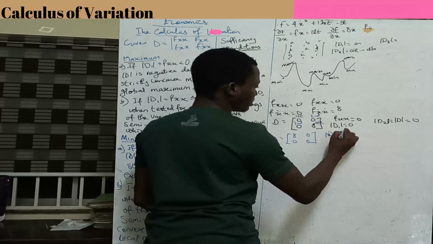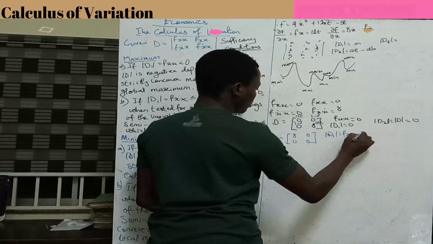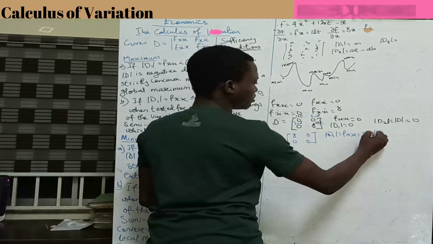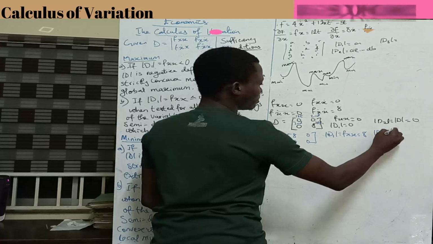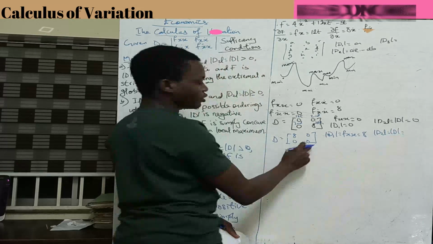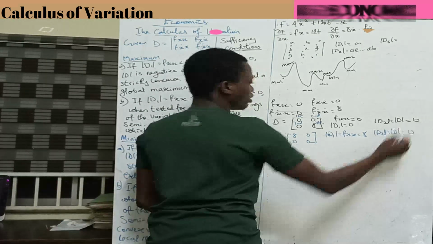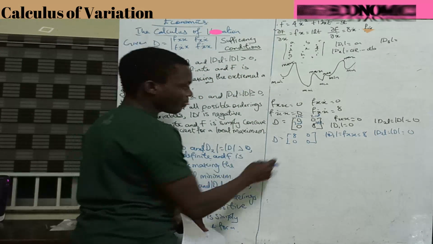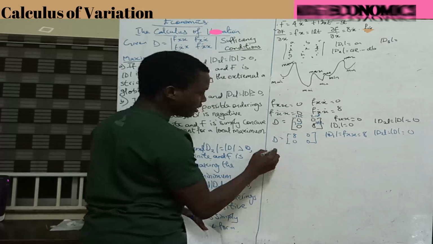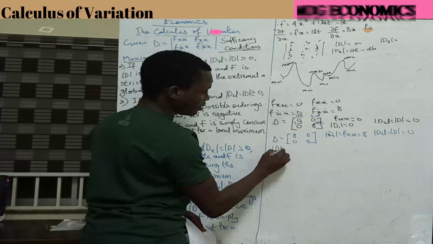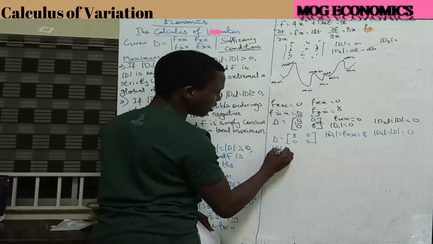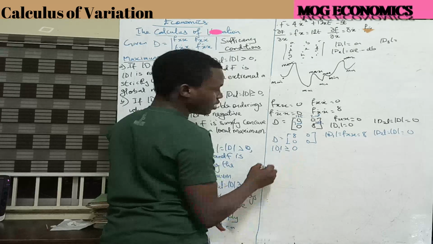So in this particular case now, our d1 equals f_xx equals the first entry here, 8, right? Then our d2 equals d is 8 times 0, 0, 0 minus 0, 0. So this fulfills which condition now? If you look at it, for both, our d is positive, so we are having our d1 greater or equal to 0, right?